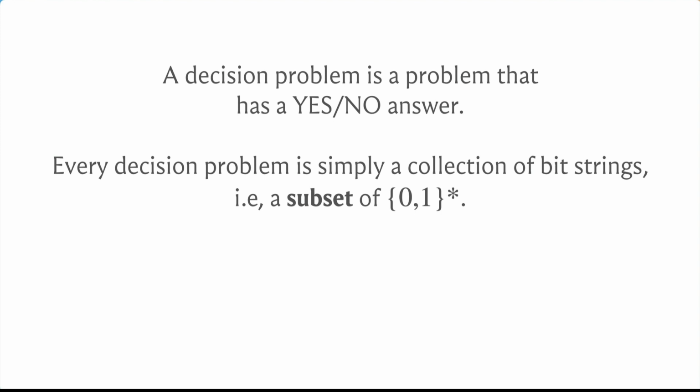The whole thing can be encoded in binary, and all binary strings that represent yes instances of the independent set problem are binary strings that belong to the language that we associate with the problem, right? So you can think of the independent set problem as just being this collection of binary strings that stand for positive instances of this decision question. Okay, so essentially every problem is a subset of the space of all possible binary strings.